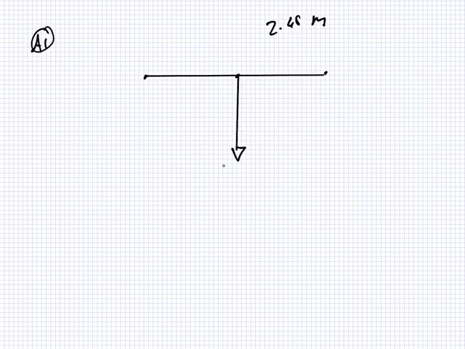A1 again. A uniform plank AB is 2.48 meters long and has a mass of 15.6. So that's 15.6 g. So that means this part here is 1.24 meters, here to here.